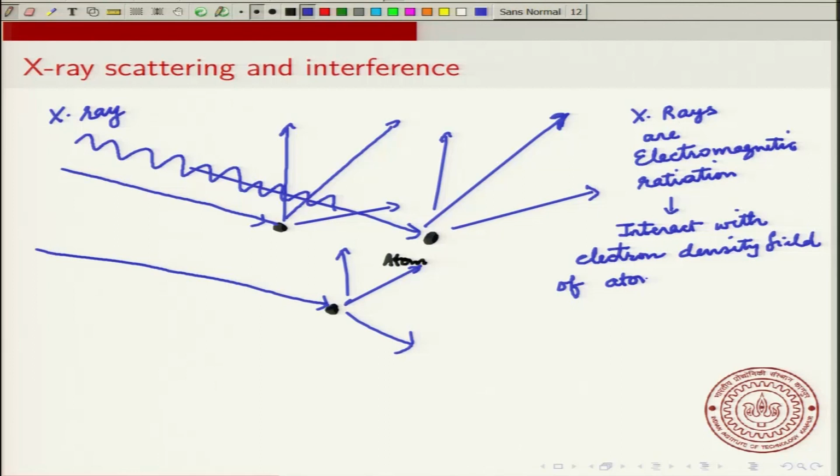And what we mean by electron density field is really the spatially varying electron density. So, whatever the structure of this electron density is around an atom, it is going to interact with that.